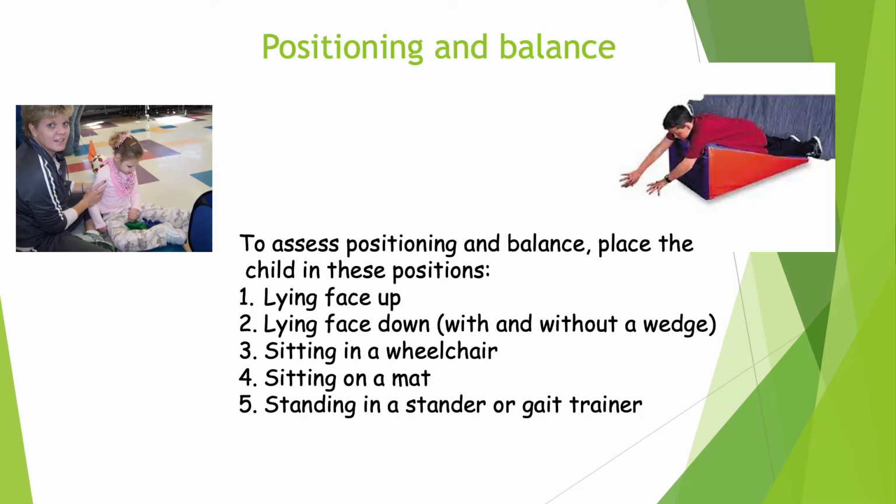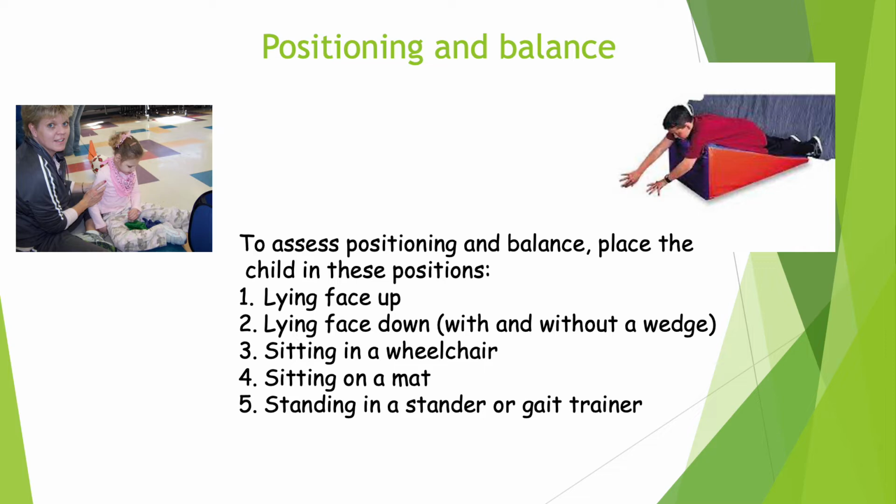So if we want to assess positioning, we would place the student in these different positions. They'd be lying face up, lying face down, with and without a wedge, sitting in a wheelchair, sitting on a mat, and standing in a stander or gait trainer.